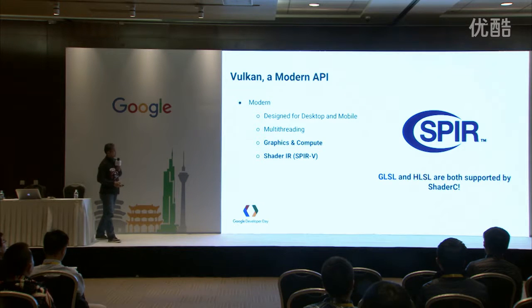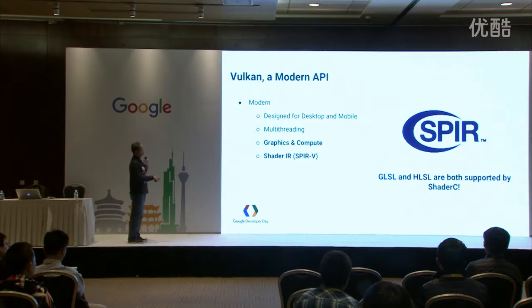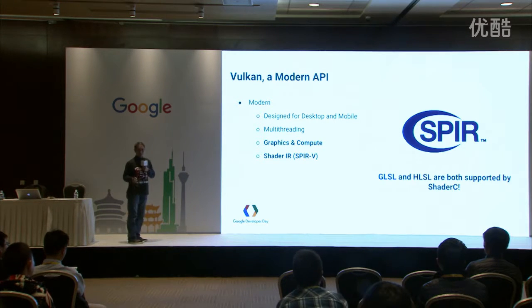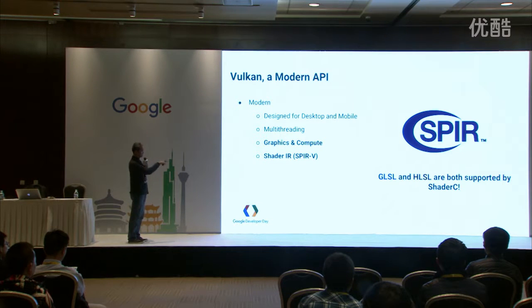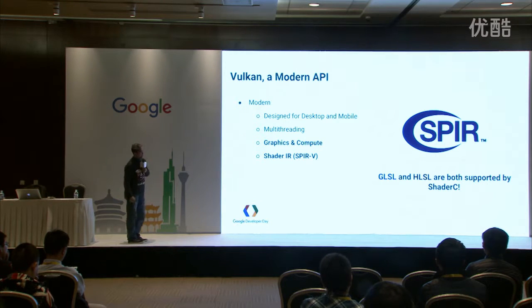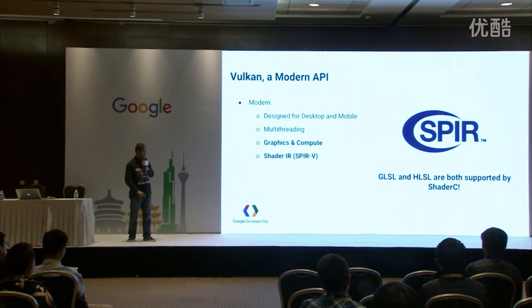The tool to translate your GLSL shaders or high-level language shaders to SPIR-V is your application's responsibility. You can do whatever you want to translate, following the standard. That's all. From Google, we have a tool called Shaderc to help you do this compiling and translation.